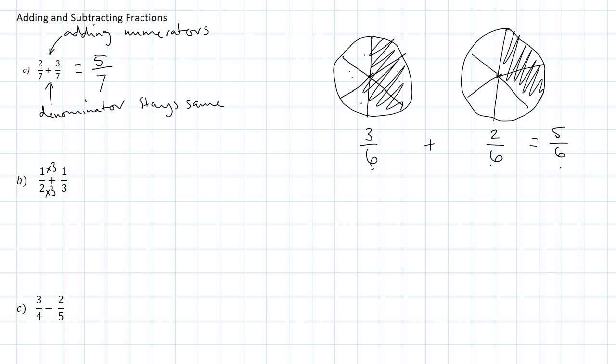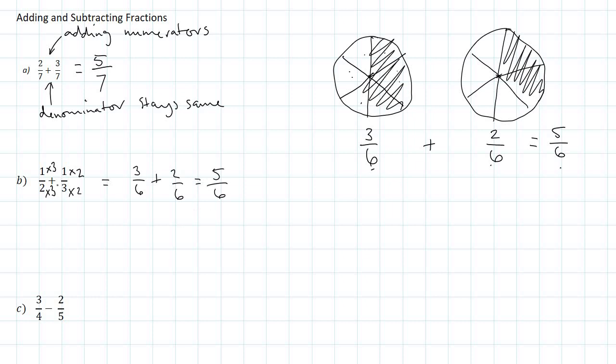And over here, I took the 1 bit that's coloured in and split it into 2. And the 3 bits all together were also split into 2 each, so I've got 3 times 2. And then that gives us 3/6 add 2/6 is 5/6.